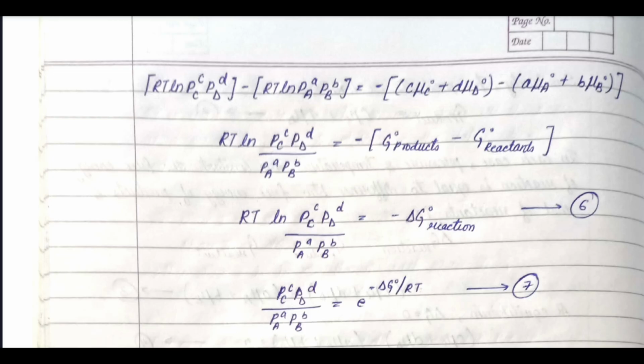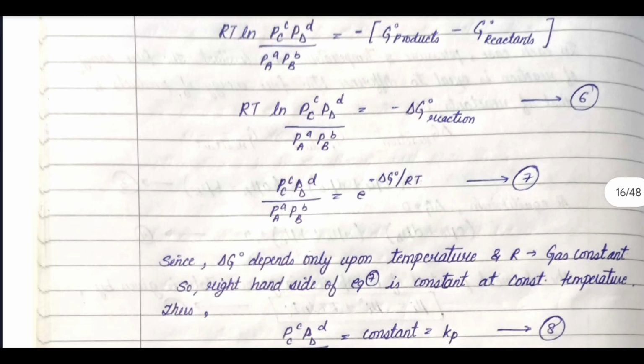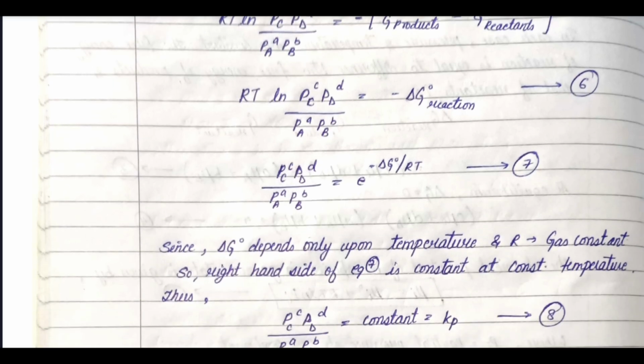RT ln of PC^c PD^d over PA^a PB^b equals minus G naught product plus G naught reactant, so RT ln of PC^c PD^d over PA^a PB^b equals minus delta G naught reaction, equation 6.